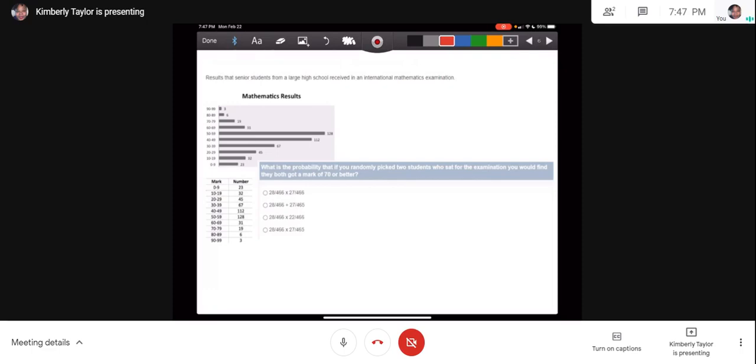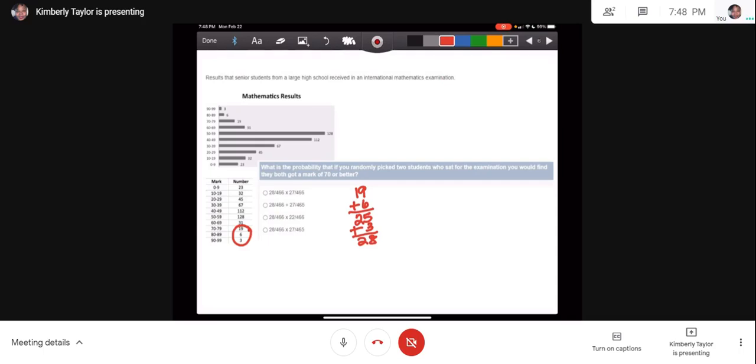Where is that? 70 or better is going to be down here. So if I add those numbers together, I get 19 plus 6, and that's 25, plus 3 gets me 28. So that's 28 people who scored 70 or better.